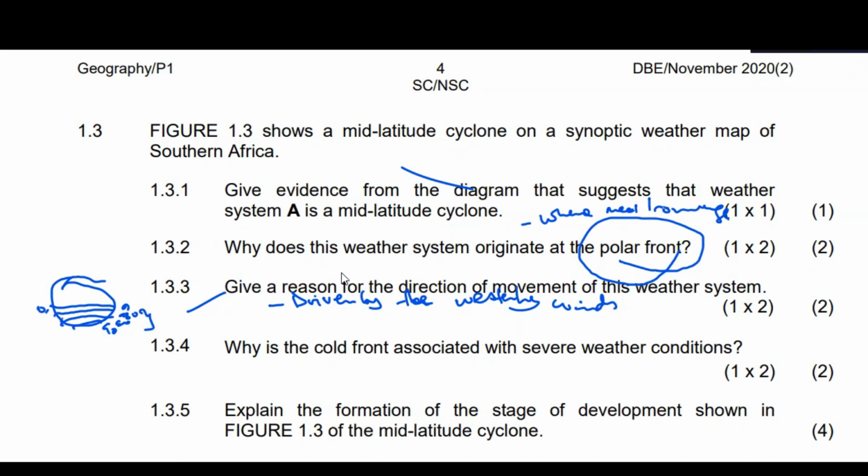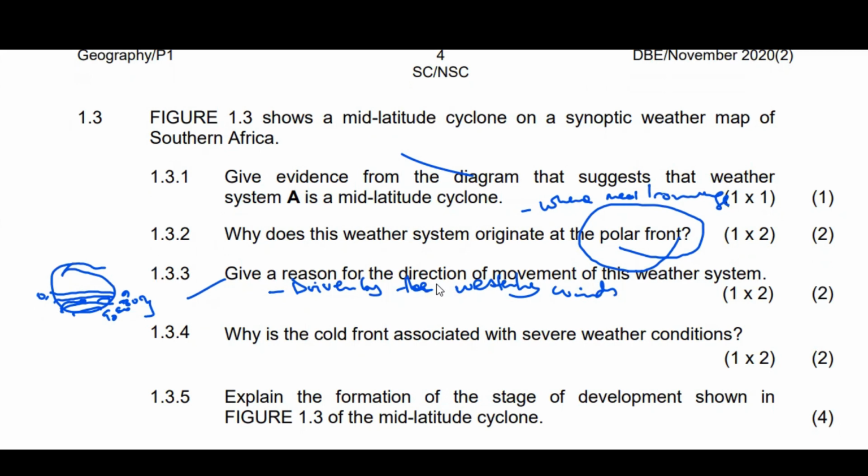Winds move from west to east. You see that? So if winds are moving this way and the system is within here, automatically that system is also going to be forced to move into that direction. So the reason is that it is being driven, or it is steered by the westerly winds.